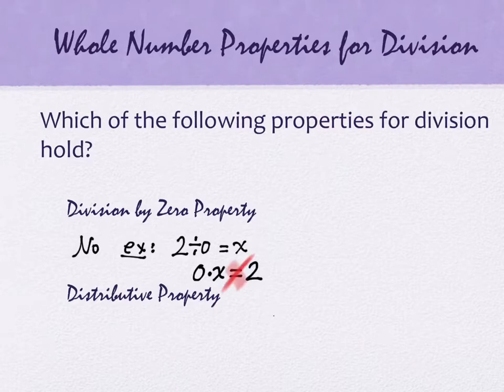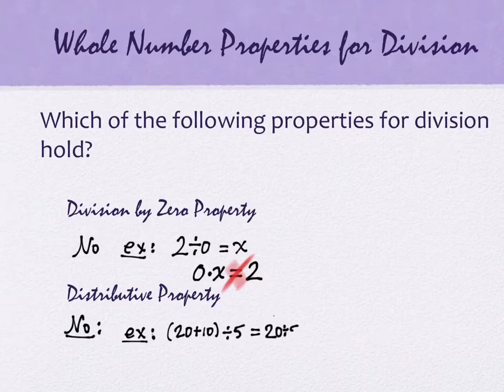I can't do that. And the distributive property, kind of like the identity property, works half the time as well. So here's an example of that. If I do 20 plus 10 divided by 5, and then I do 20 divided by 5 plus 10 divided by 5.